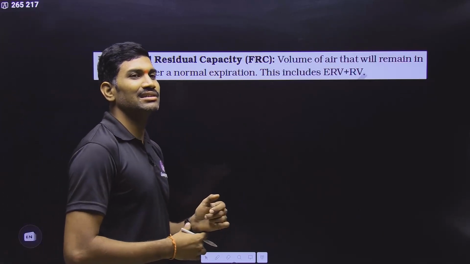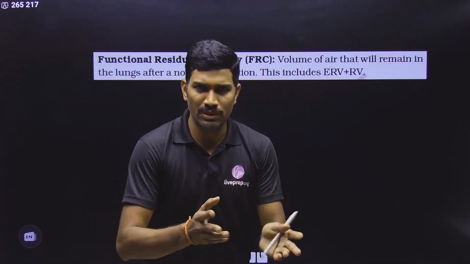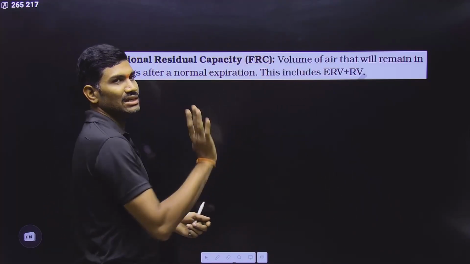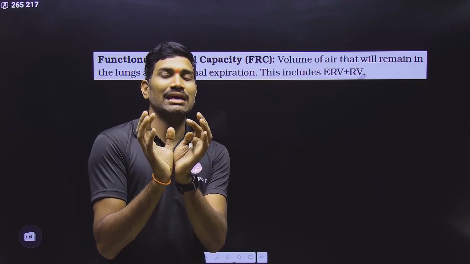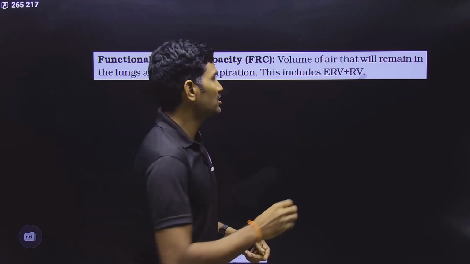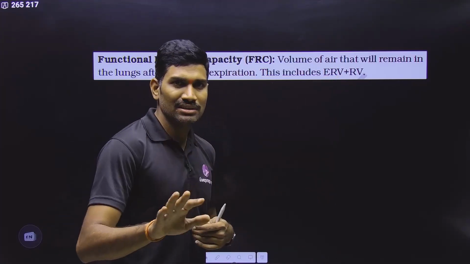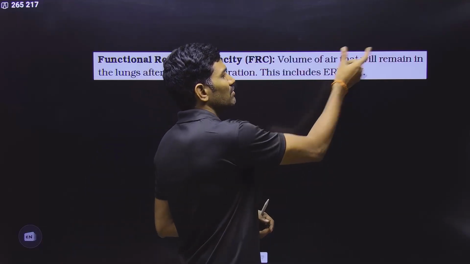The next one is functional residual capacity. In the normal condition, we are not regularly doing forced expiration. Since we are not doing forced expiration, the extra volume related to that forced expiration, called the expiratory reserve volume, is generally also present inside the lungs. Whenever it is required, when you want to do forced expiration, only then will this go out.